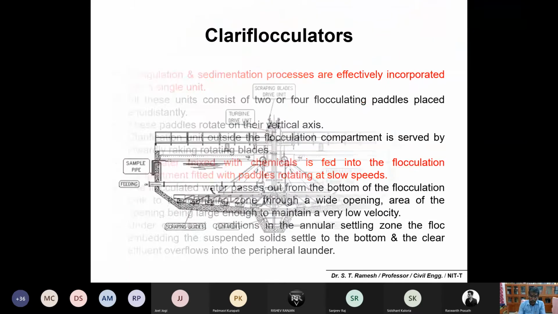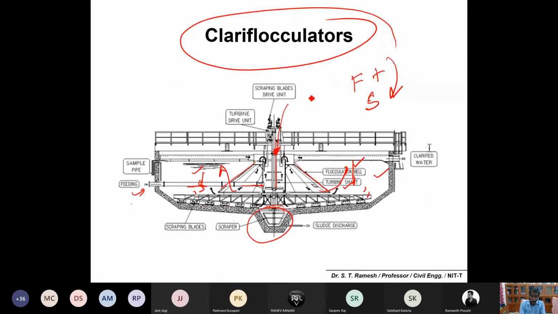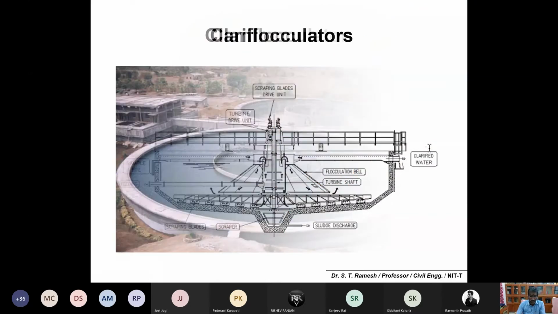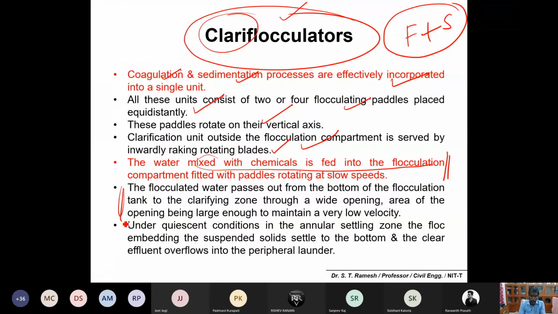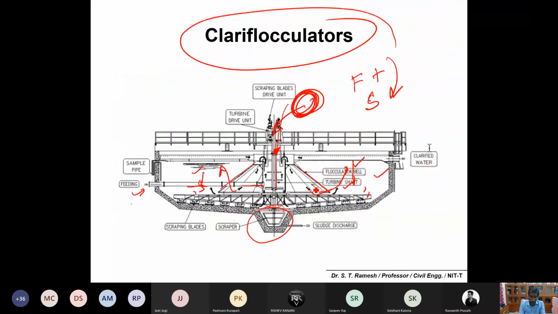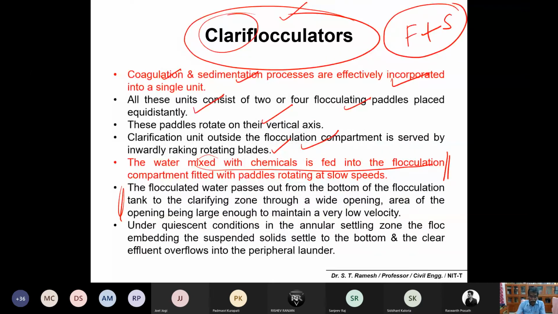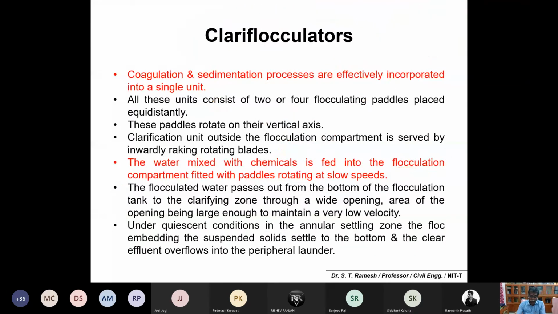That's what I told you in this diagram. So water goes to a rapid mixing tank, you mix the coagulant, and it will come to a clariflocculator. Then the flocculated water passes out from the bottom of the flocculation tank.